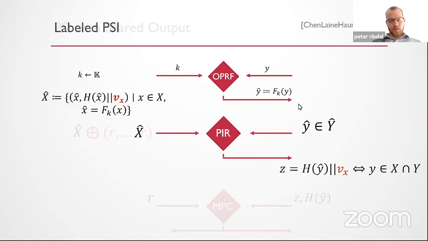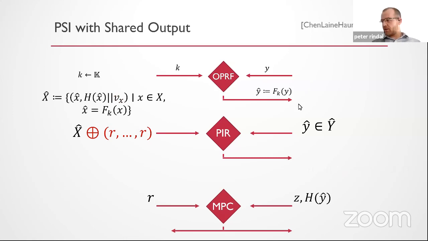And then a simple trick that I don't necessarily want to get into too much is that we can actually facilitate some sort of secret shared output, where for each PIR query, we mask the database with some random value R on each record. And then we can look at what we get as output. We get this value Z, which is the hash of Y concatenated with the value, XORed with this randomness. And so Z and R are now secret shares.